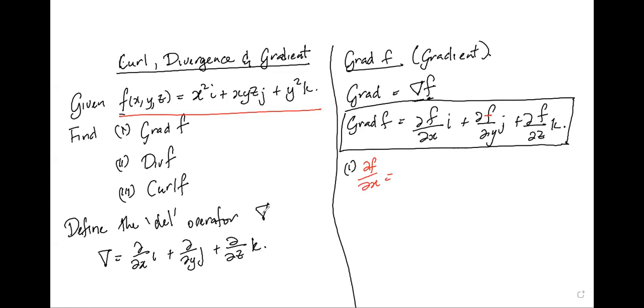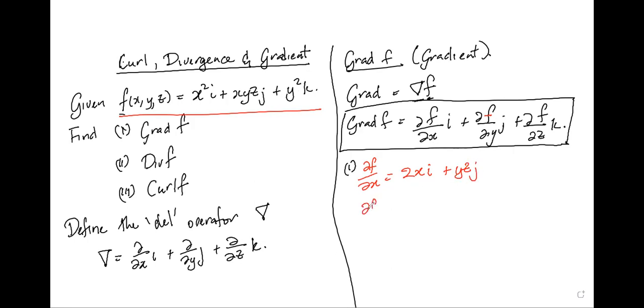So what is the derivative with respect to x? Sir, 2x. 2x i plus yz j, since the derivative of xyz with respect to x is yz. And with respect to x, there's no x in y squared k, so there's nothing to differentiate. That will be 0.